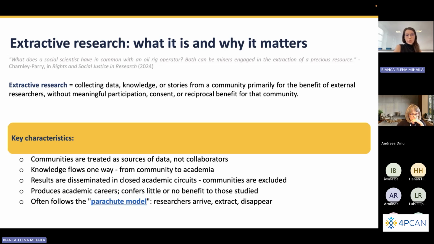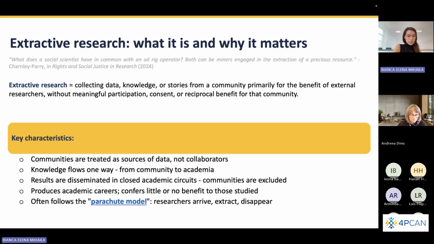And unfortunately, there is a specific line in the literature focused on extractive research. Extractive research means collecting data, knowledge, or stories from a community, primarily for the benefit of external researchers, such as academic professionals, without meaningful participation, consent, or reciprocal benefit for the community.